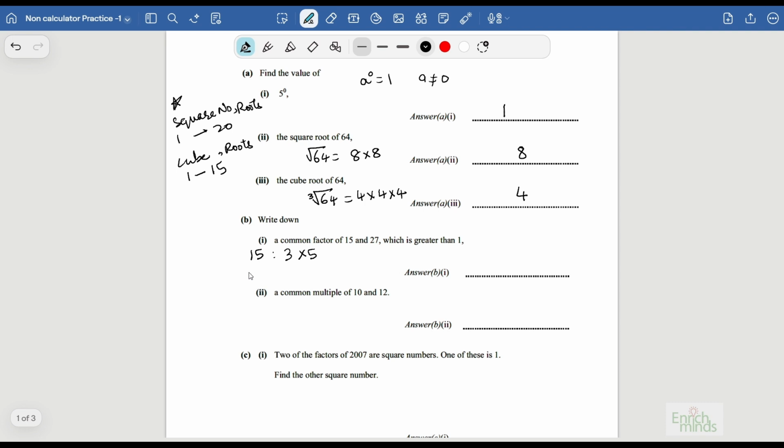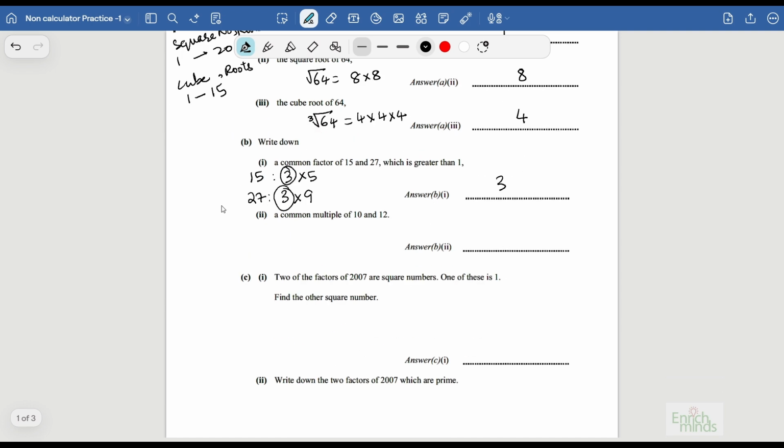And similarly for 27, what are the factors of 27? We have 3 times 9 gives you 27. 3 divides 27 completely. 9 also divides 27. So these are the factors. Now it wants you to find a common factor which is greater than 1. So we see the number 3. The factor 3 is present for both these numbers. So 3 is a common factor for 15 and 27.